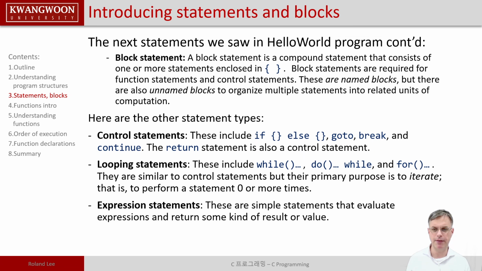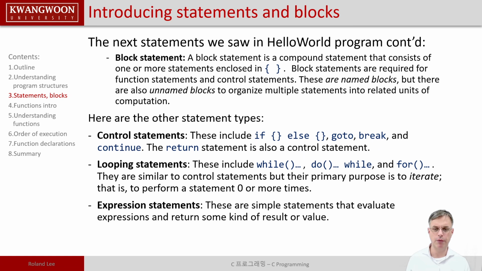Looping statements. These include while, do while, and for. They are similar to control statements, but their primary purpose is to iterate, that is, to perform a statement zero or more times. We will look at this later on.